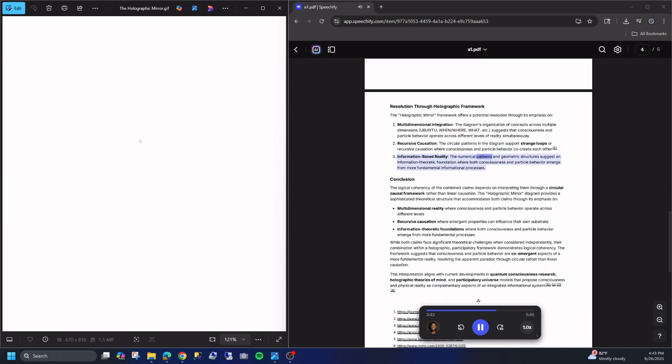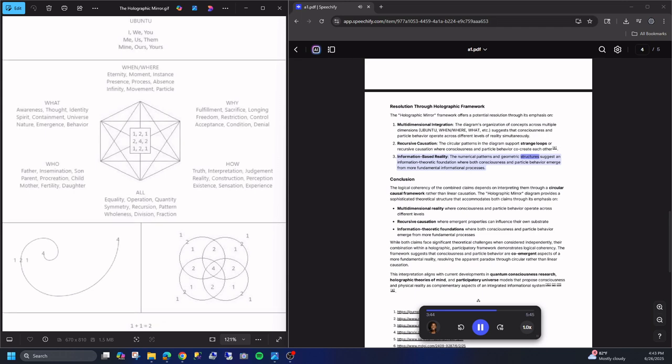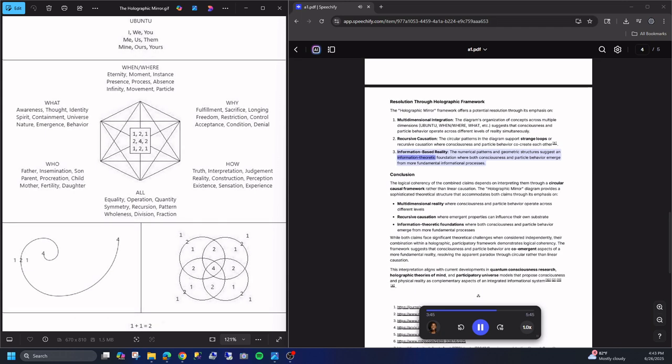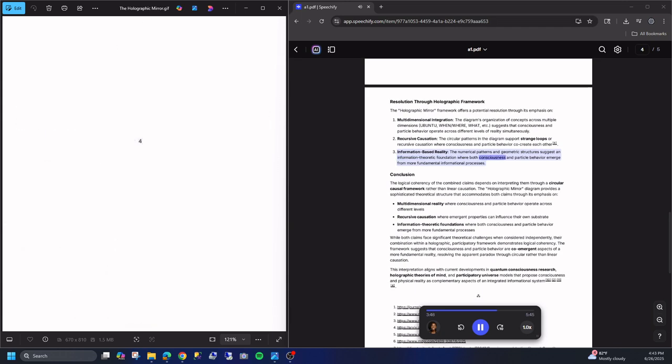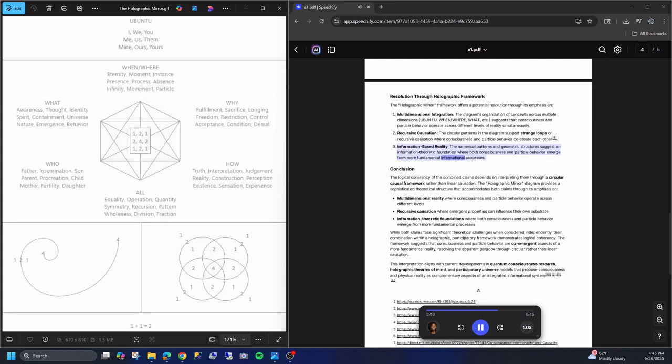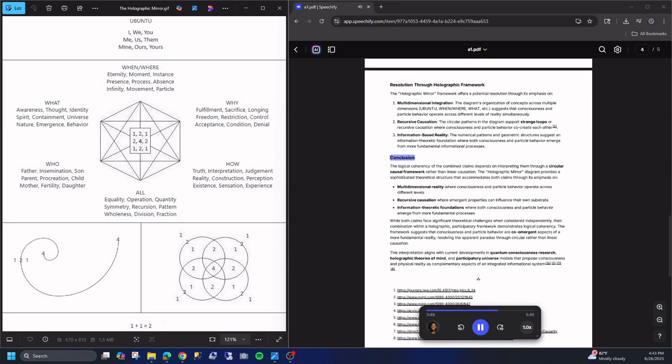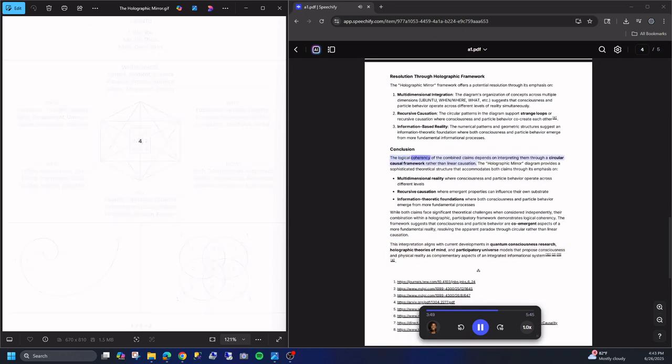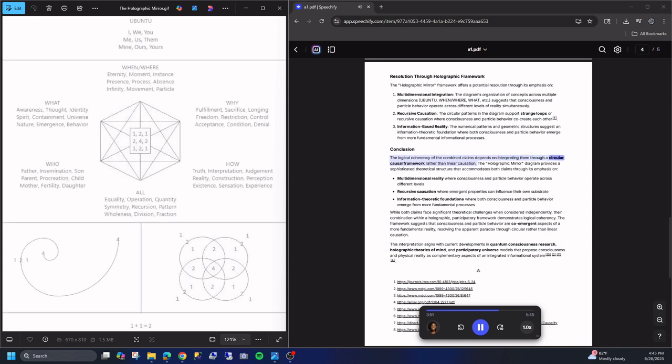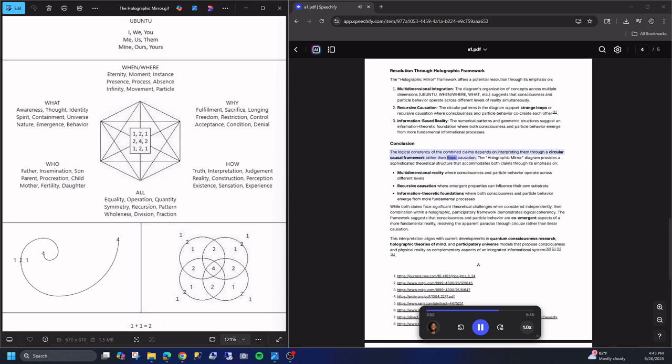3. Information-based reality. The numerical patterns and geometric structures suggest an information-theoretic foundation where both consciousness and particle behavior emerge from more fundamental informational processes. Conclusion. The logical coherency of the combined claims depends on interpreting them through a circular causal framework rather than linear causation.